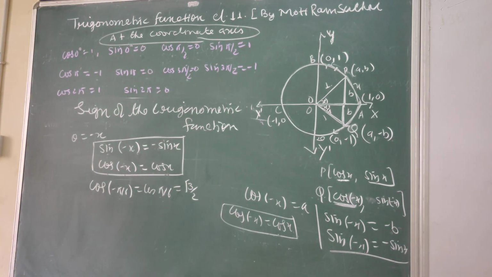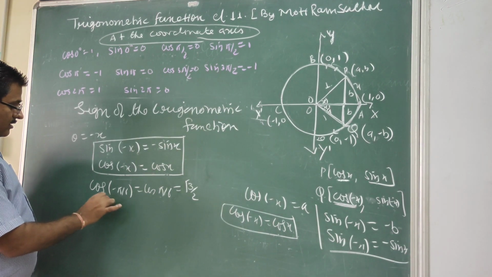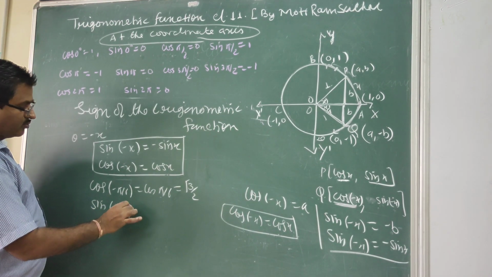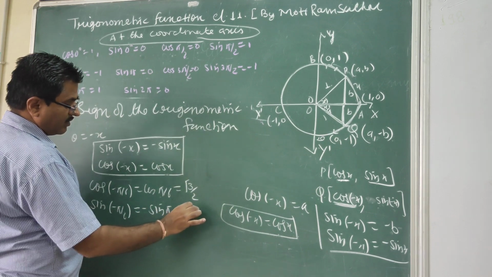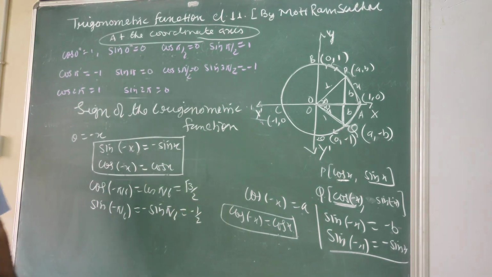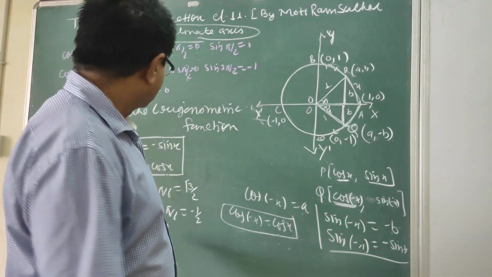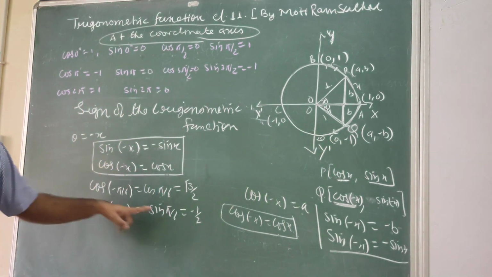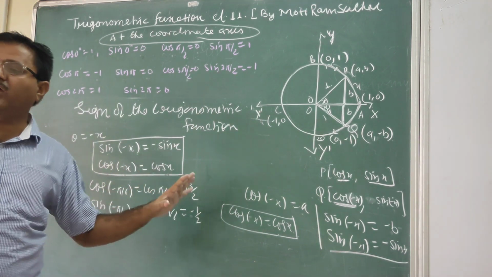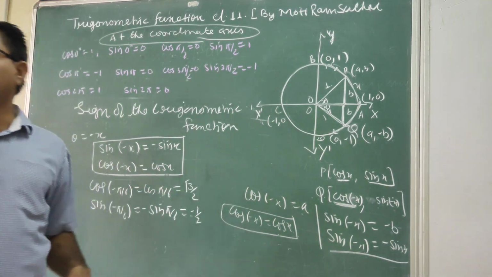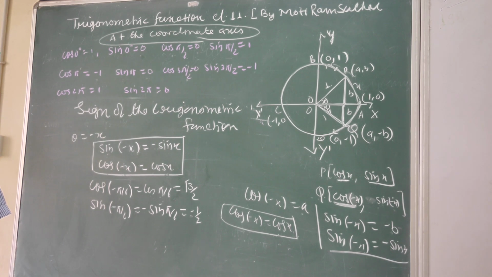But the value of sin minus pi by 6 should be equal to minus of sin pi by 6, that is minus 1 by 2. So in the case of sin x we have to put a minus, but cos remains the same, whether you find the negative angle or the positive.